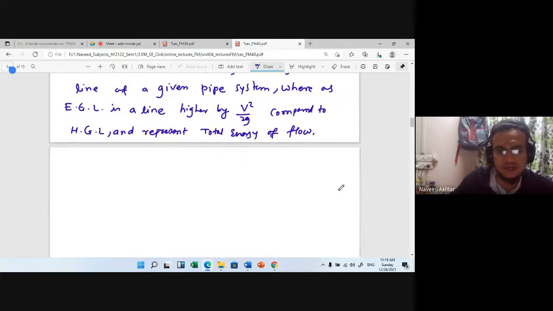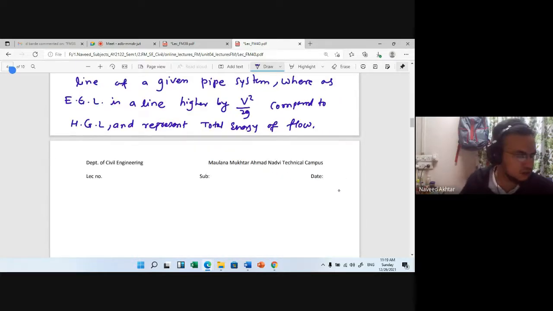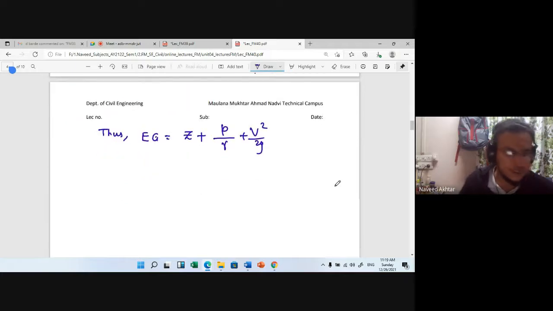And thus it can be written as: total energy of flow, EGL, is nothing but Z, the datum head, plus pressure head plus kinetic head, that is V square upon 2g. And HGL represents only Z plus P upon gamma.